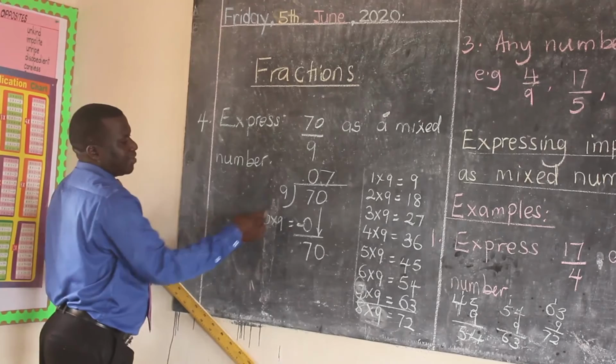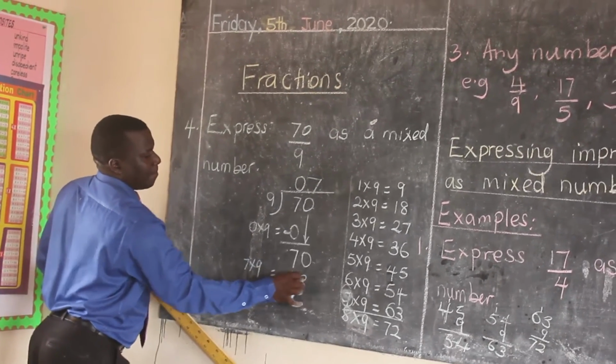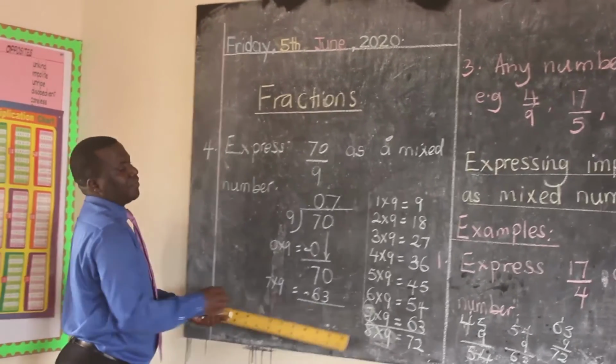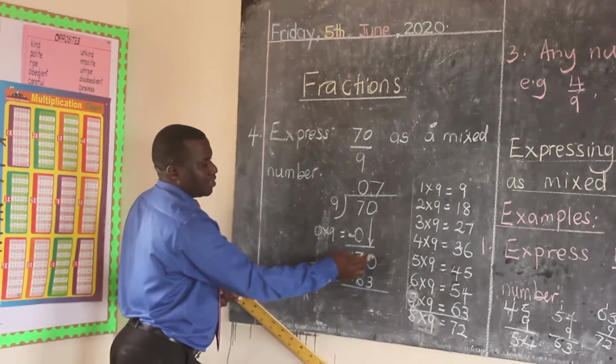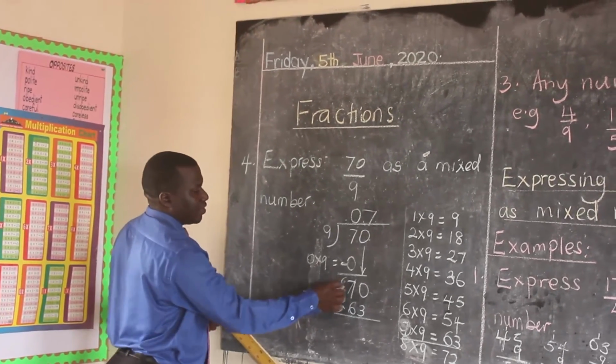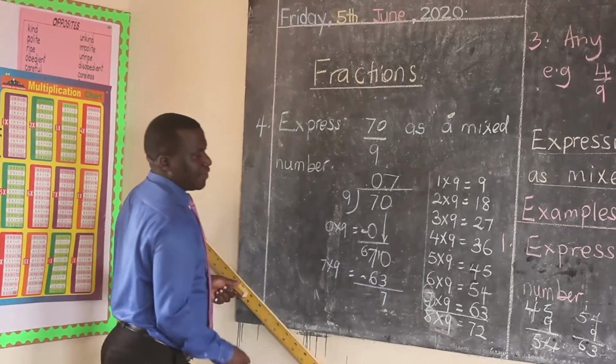And what is 7 times 9? We have got 63. So when you subtract, 0 minus 3 is impossible. You borrow or regroup, you remain here with 6, and 10 minus 3, you get 7.